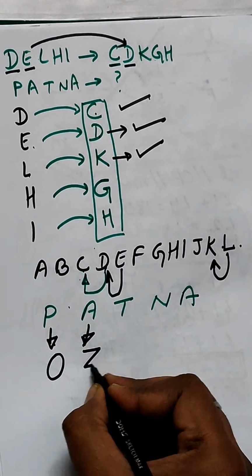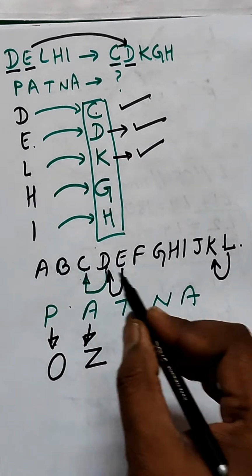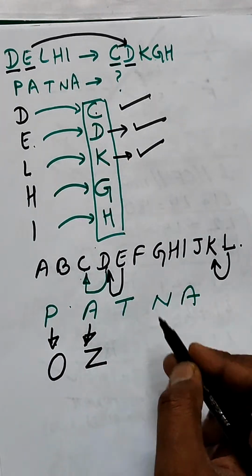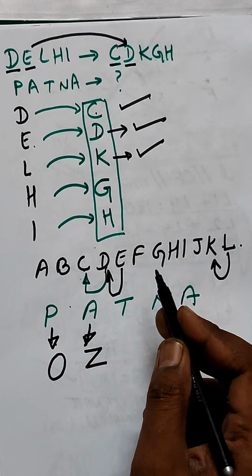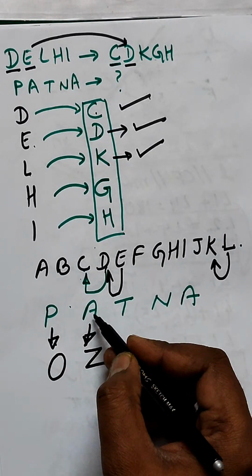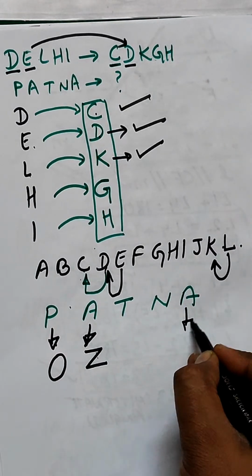In place of A, you will be writing what? It will be Z, because A is the first letter, and previous to it, if you connect the cycle and it's in the connecting mode, after A to Z, then again A to Z, then Z is coming before A. So we'll write Z. Here also one A is there.